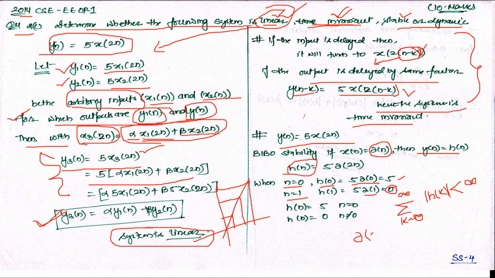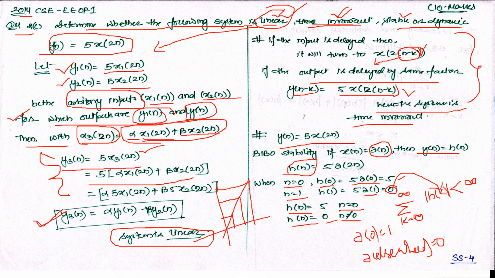Please remember, the delta function is 1 at 0, and elsewhere it is 0. Okay, so that's what we are doing. So h of n is 5 for n equals 0, and h of n is 0 for n less than 0.